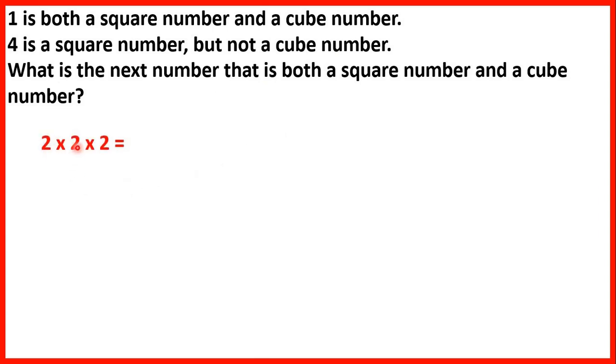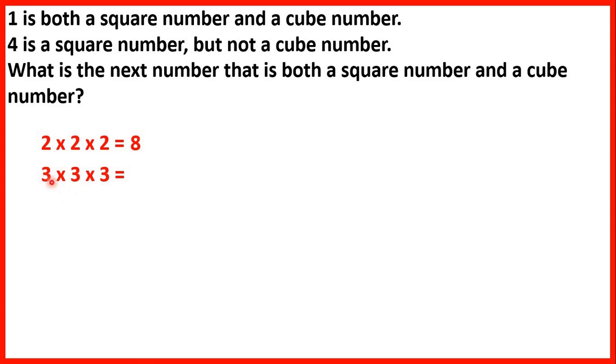So 2 times 2 times 2 is 8, because 2 times 2 is 4 times 2 is 8. So that's a cube number, but it's not a square number. You can't multiply any number by itself to get 8. 2 times 2 is 4, and then our next square number, 3 times 3 is 9.